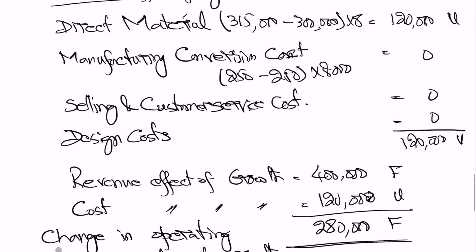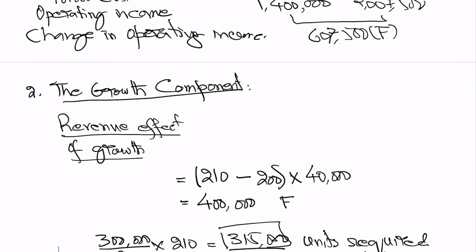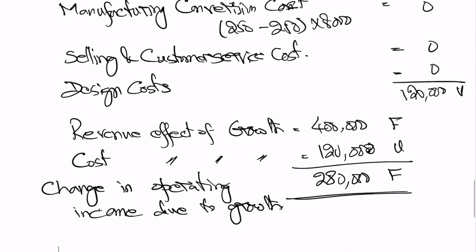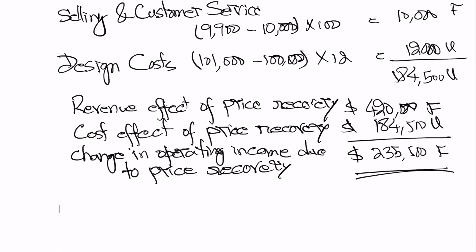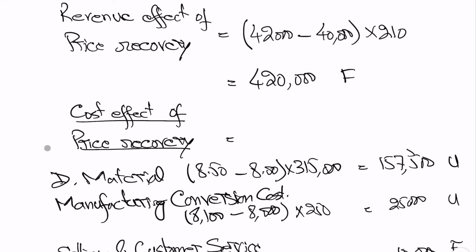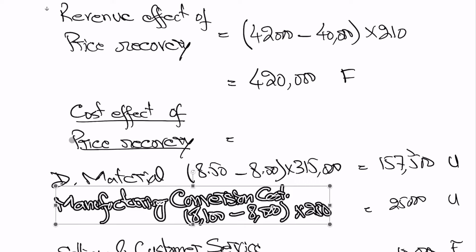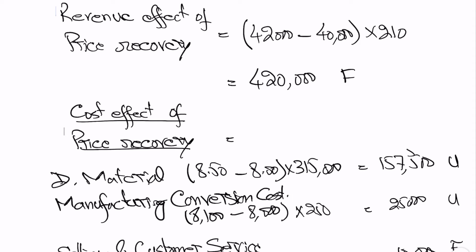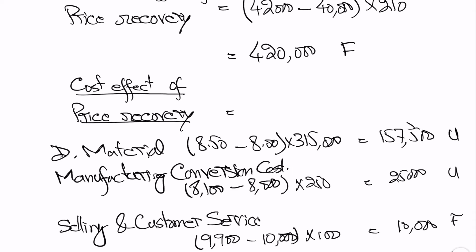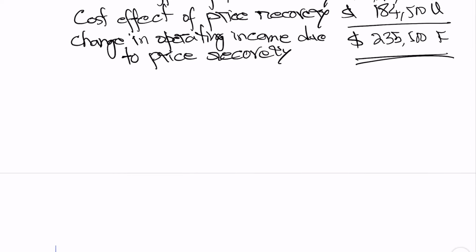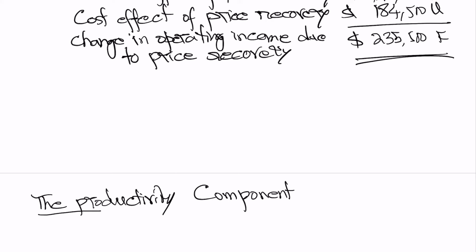So far what we discussed, 515,400, is explained by the components we discussed, and the remaining around 93,000 is going to be explained through the component we call the productivity component.